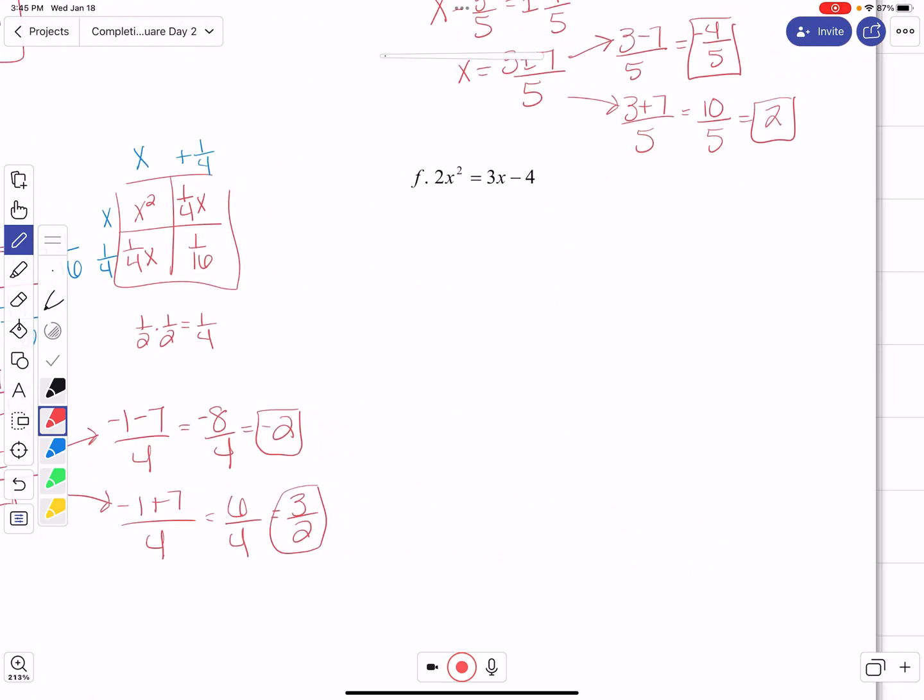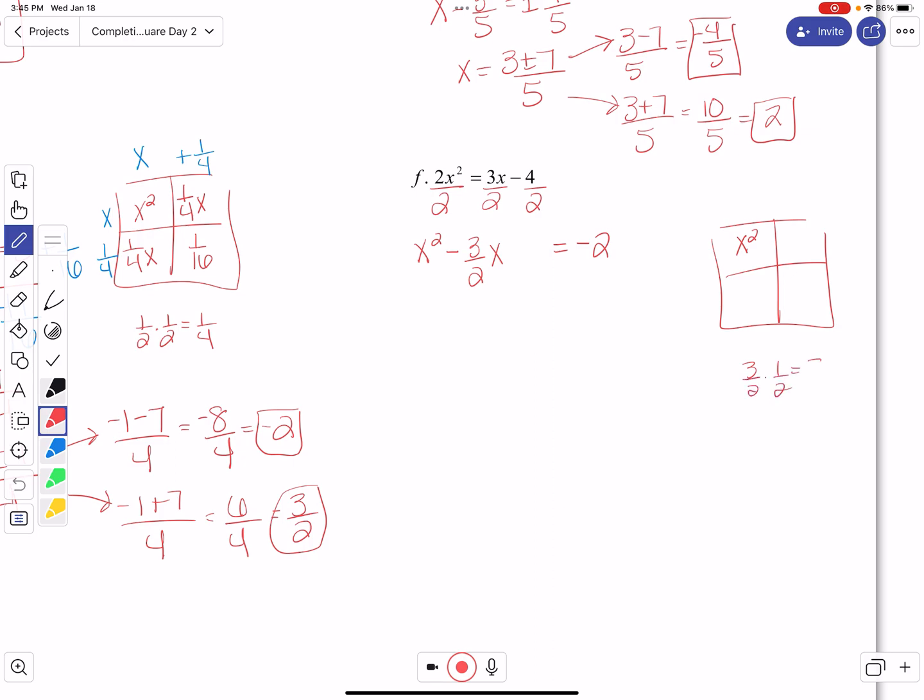All right, last one. I'm dividing everything by 2. So I'll get x squared. That 3 over 2, I'm going to move it to the other side, which would be a negative 3 over 2x. And then 4 over 2 is just negative 2. So I have my x squared here. All right. 3 over 2, I multiply by a half, which is going to be 3 over 4. So negative 3 over 4x and negative 3 over 4x.